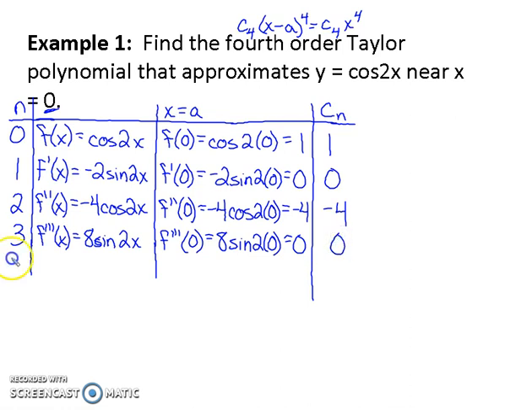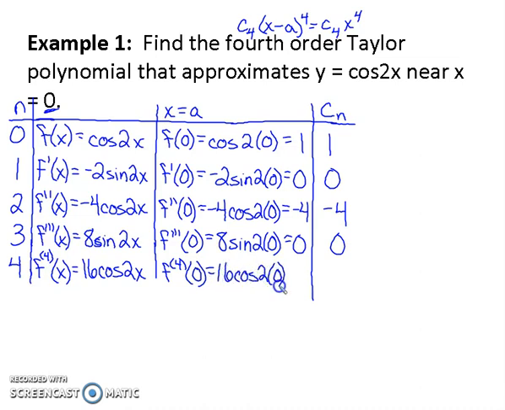And then one more time, we need to go all the way to the fourth degree. So the fourth derivative, we usually write it in little parentheses like that once we go past 3. The derivative of 8 sine 2x is 16 cosine 2x, which we then evaluate at 0, and so we get 16.